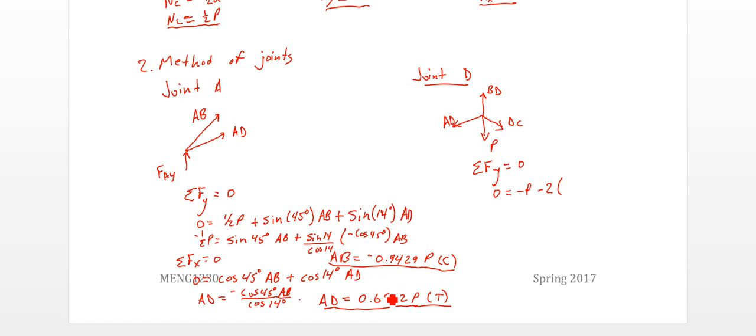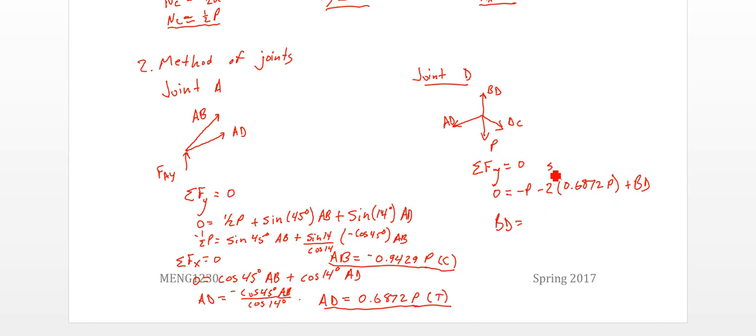AD and DC are equal due to symmetry, so I'm just multiplying by 2. And sorry, sine of 14 goes in here.